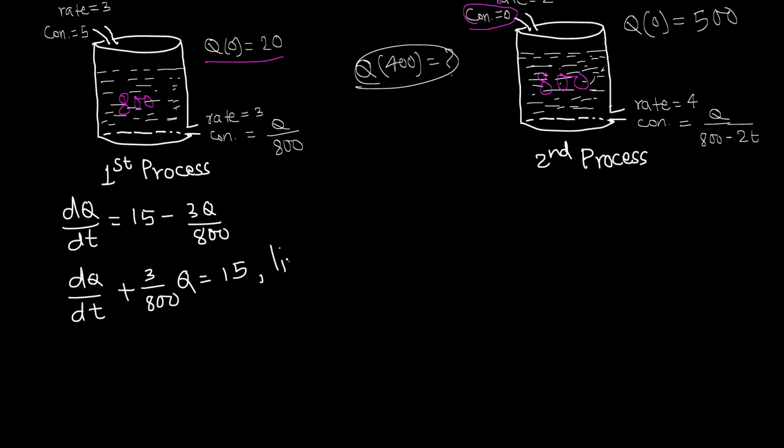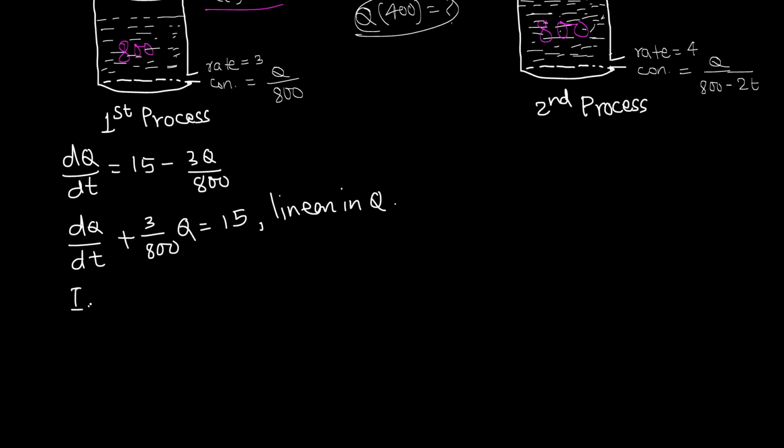So this is linear in Q with respect to t. So we can find the integrating factor. The integrating factor mu as a function of t is e raised to the integral of 3/800 dt, which gives e raised to 3/800 t.